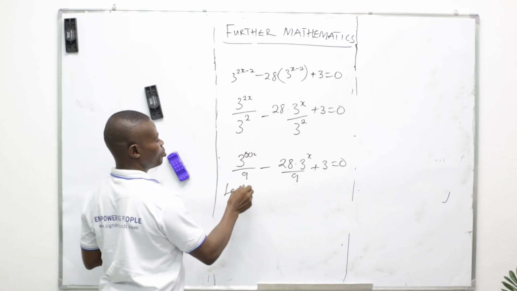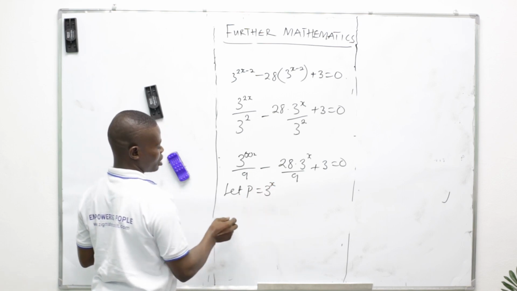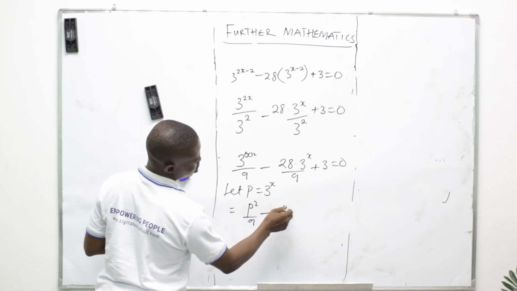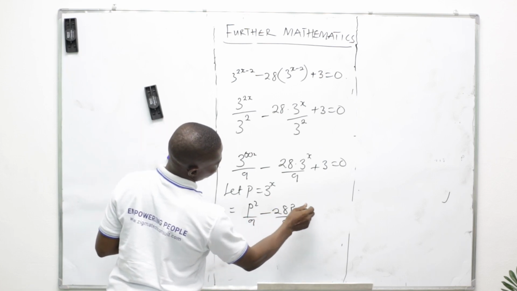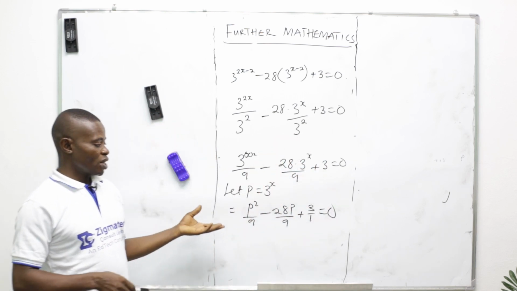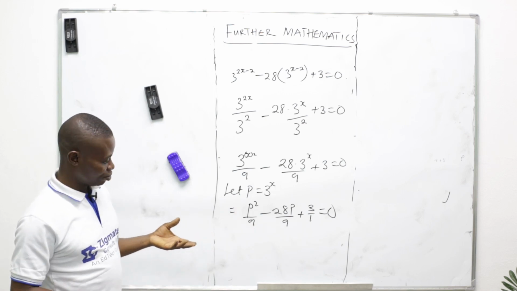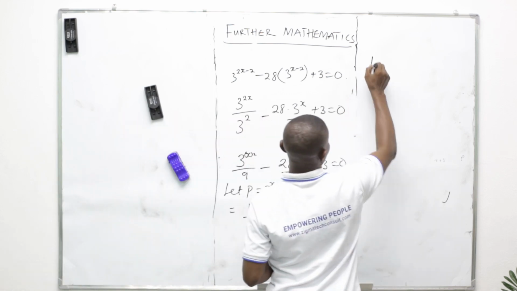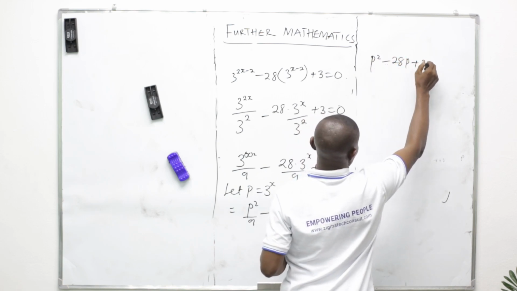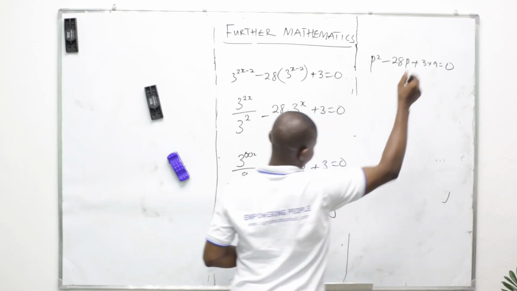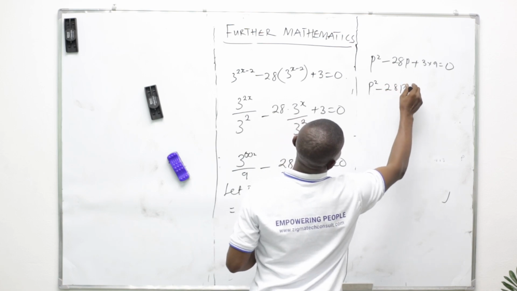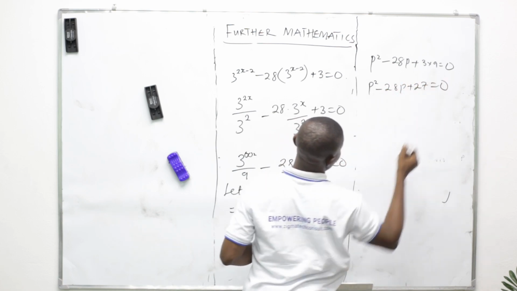Let p equals 3 power x, so that I will have p squared on top all over 9 minus 28p all over 9 plus 3 all over 1 equals 0. This is a pure quadratic equation. So what are you going to have here? You have p squared minus 28p plus 3 times 9 equals 0. P squared minus 28p plus 27 equals 0.